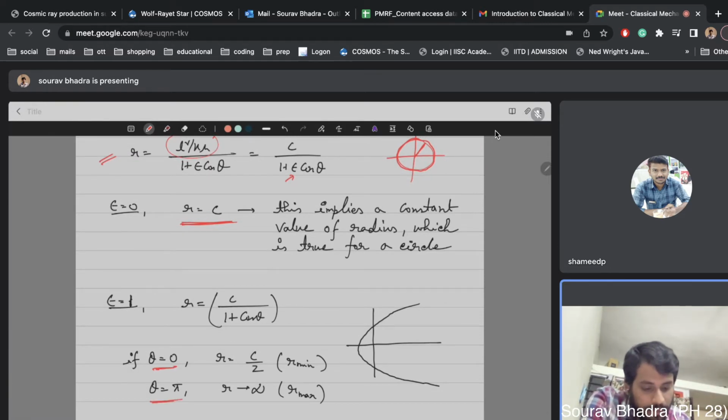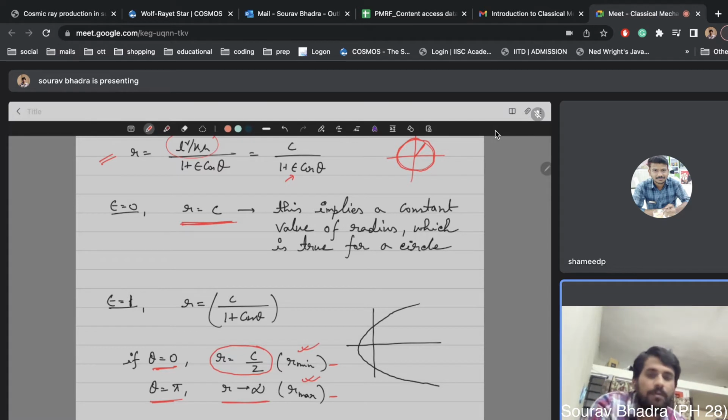Theta equals to 0 means cos theta equals to 1, so that will give you R equals to C by 2, and theta equals to pi means cos theta equals to minus 1, so the denominator is 0 and then R will tend to infinity. So R equals to C by 2 is the R minimum and R equals to infinity is the R maximum. This is the closest approach, and this is the furthest approach.